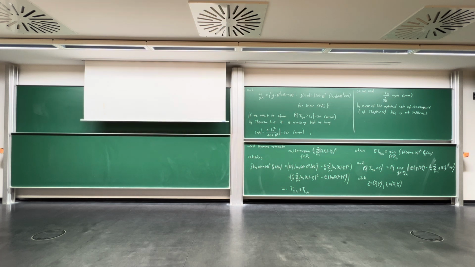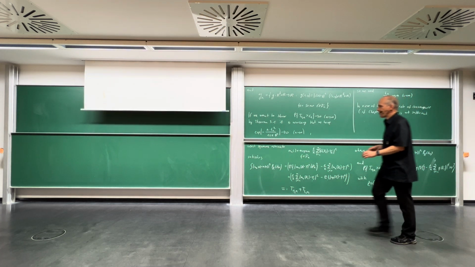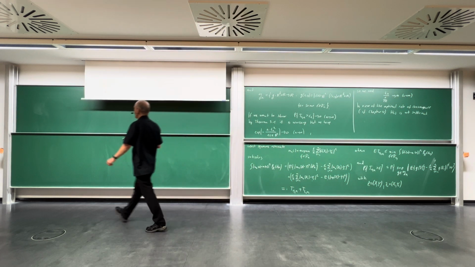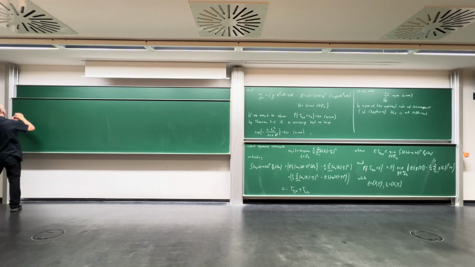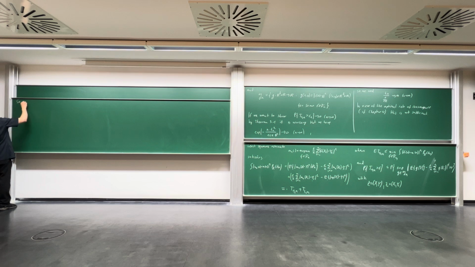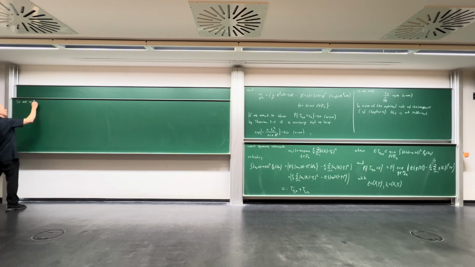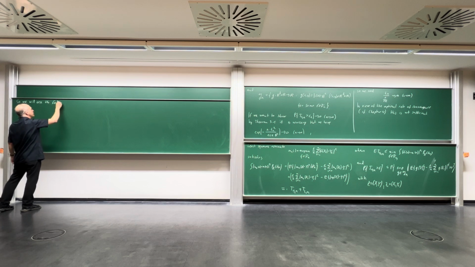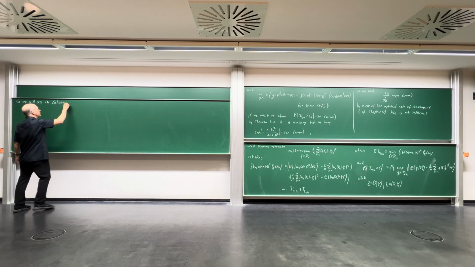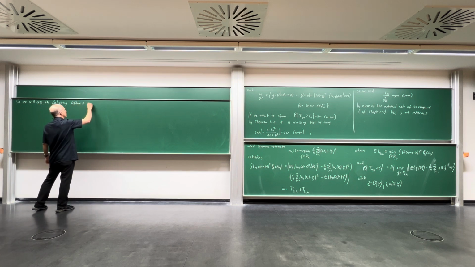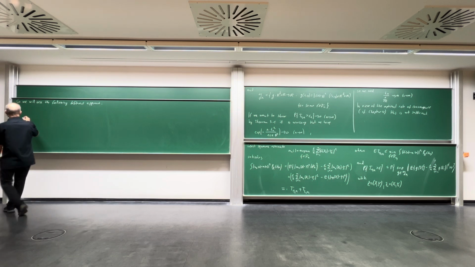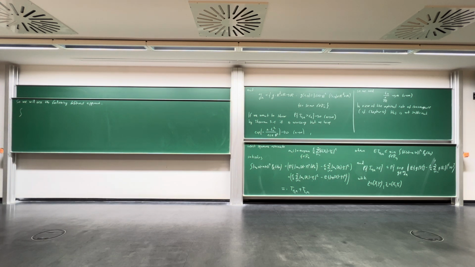So what's the modification? So we will use a different approach. Okay, we have the least squares estimate, we look at the L2 error.